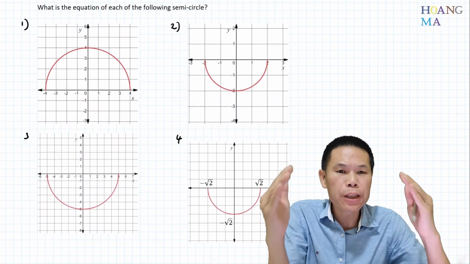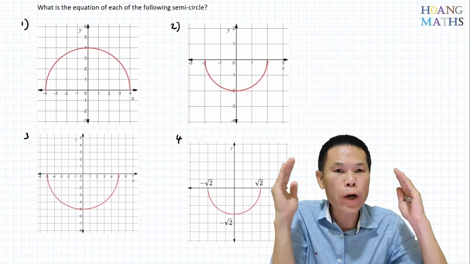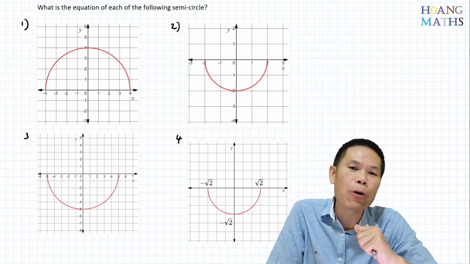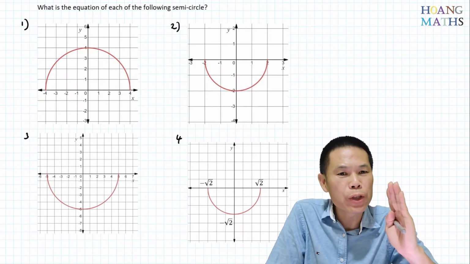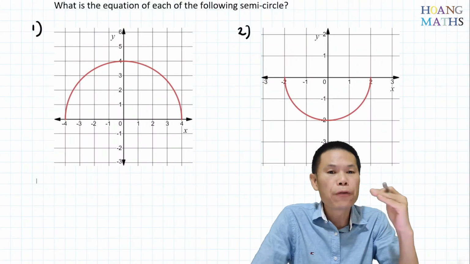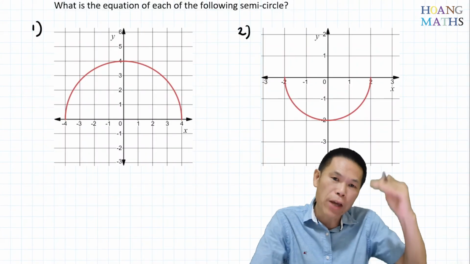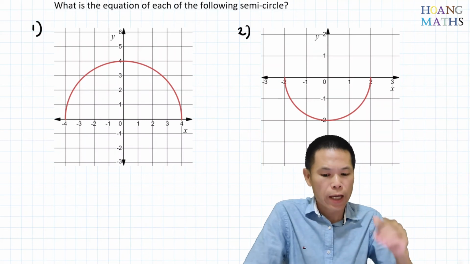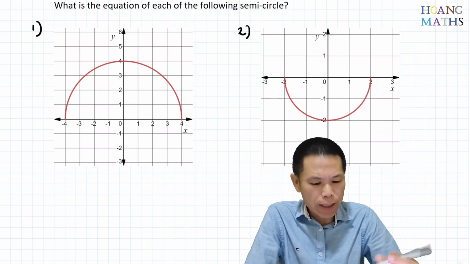Now, please pause the video and try this one yourself. Hi, I'm back. How did you go? So let me go through them with you, okay? First one, we know that it is above the x-axis. So therefore, it's positive, right? And the center, let me write it down.